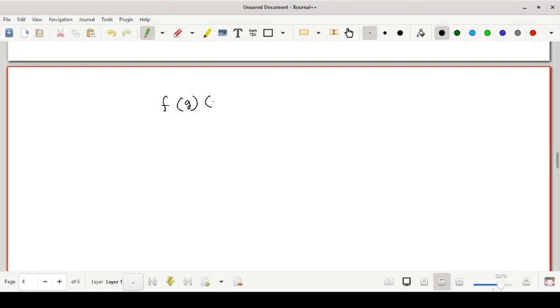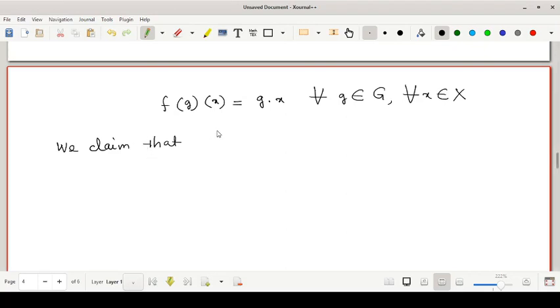So f of g applied to any element x, I define it to be g dot x, because you said that there exists an action, for all g belonging to G and for all x belonging to X. I claim that f is a homomorphism.